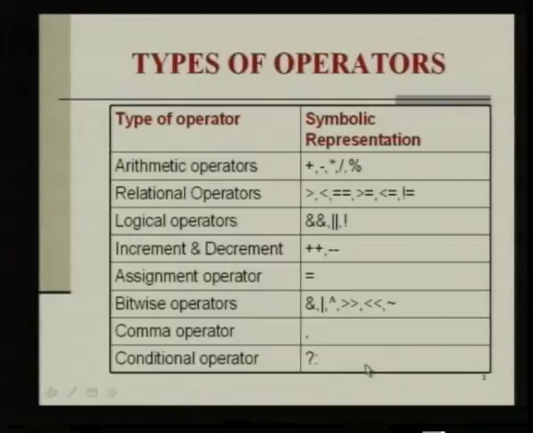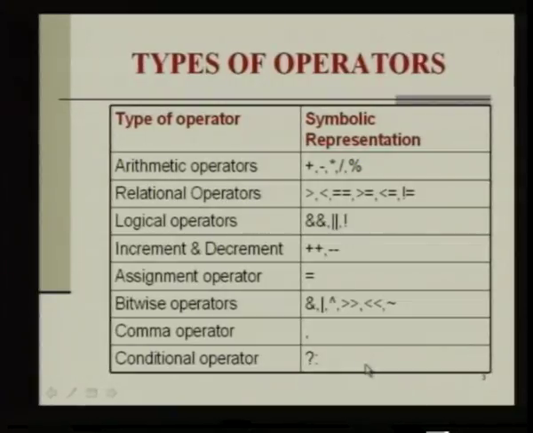There are plenty of operators available in the software language C. Just to give you an overview of all the operators available in C, here you can see the type of operators and their symbolic representation. We have arithmetic, relational and logical operators, which require a minimum of 2 operands to perform their operation.